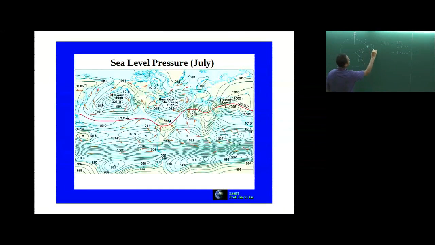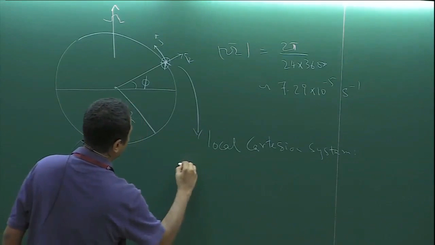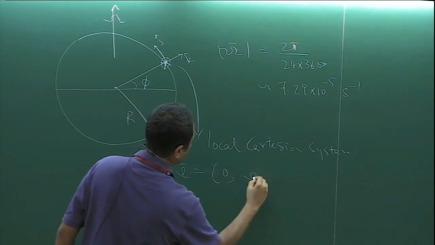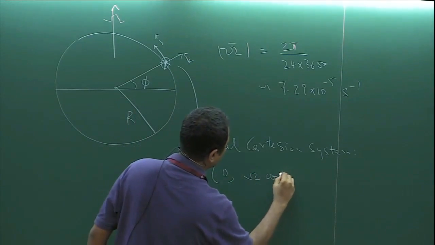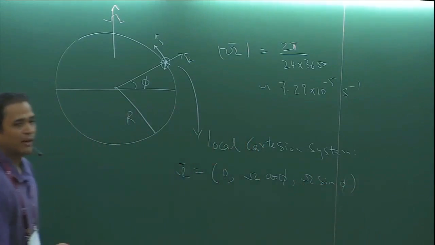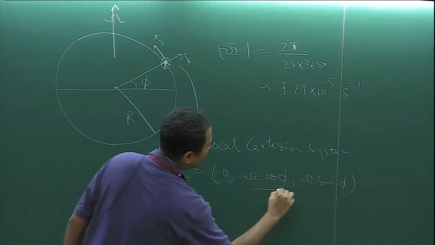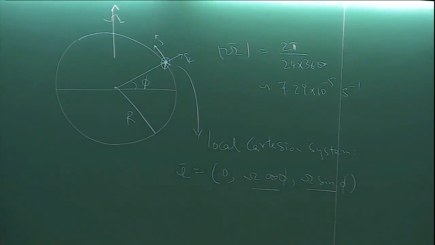Now, as far as this, your omega is going to be, right? So you just have your three components, nothing in the i direction. You have something in j and something in k over here.